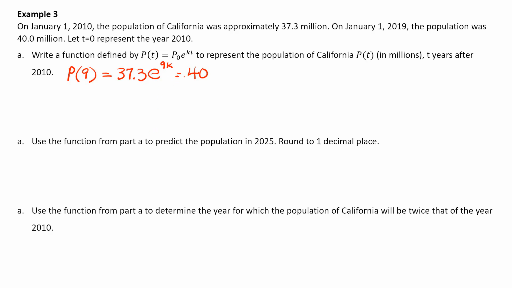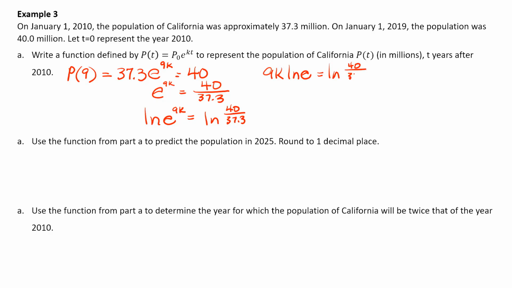All right, so now to find out what k is, first of all, we're going to divide both sides by 37.3. So we'll have e to the 9k equals 40 over 37.3. So natural log of e to the 9k is equal to the natural log of 40 over 37.3. And therefore, 9k times the natural log of e is equal to the natural log of 40 over 37.3.